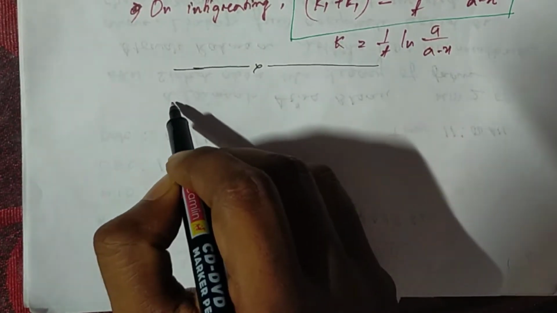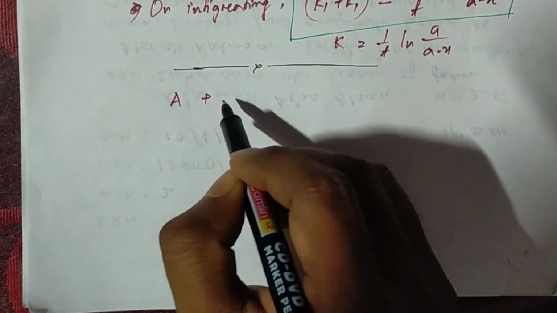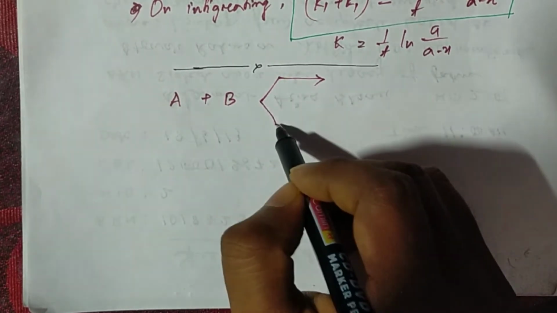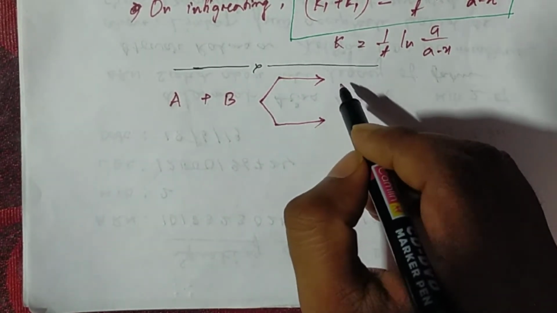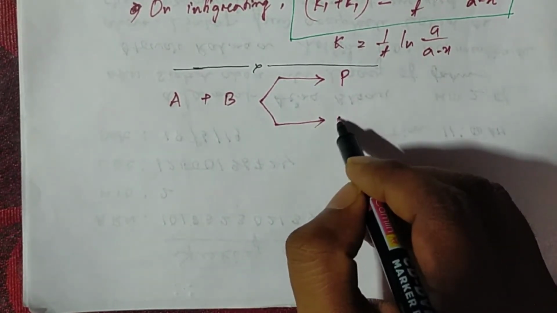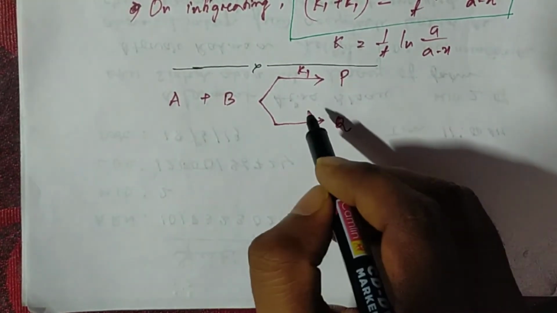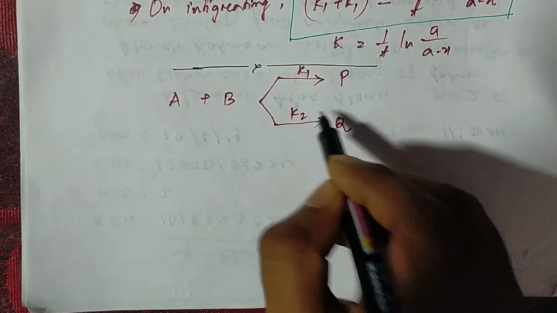For a second order reaction, there will be two reactant molecules, A plus B, and there will be different paths giving products P and Q, with rate constants K1 and K2.